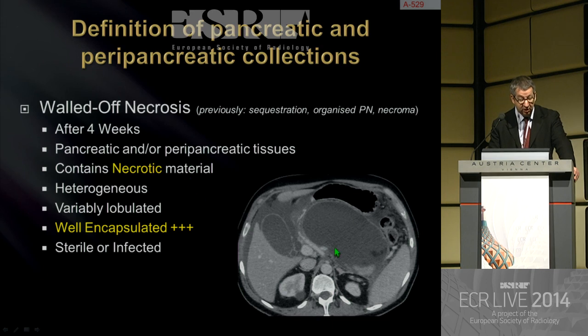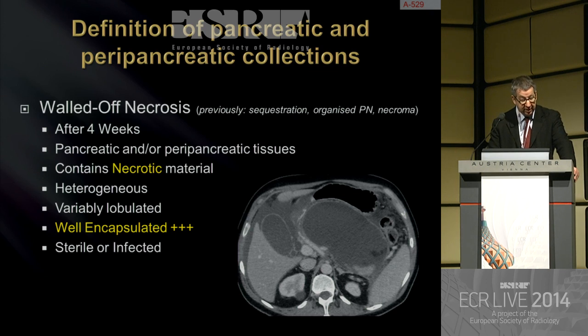It will contain necrotic material, so liquefied and non-liquefied solid components. It will appear heterogeneous, mainly with fat-containing areas, and it will be variably lobulated, but the main point, it is very well encapsulated with an enhancing pseudowall. And this is the main difference with acute necrotic collection.